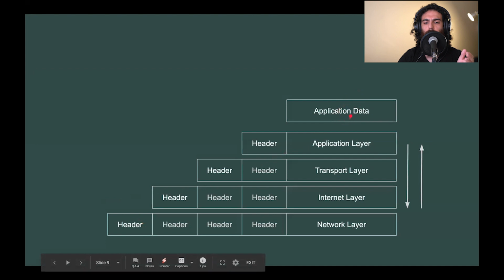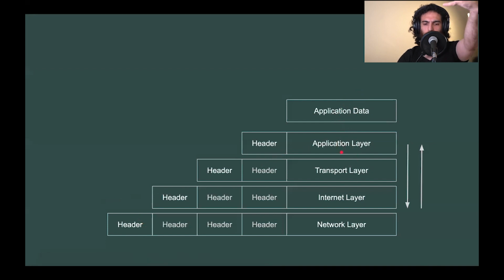As your data makes its way down the layers of the TCP model, more headers will be attached. So this header will describe what is contained in your HTTP request. And then the header in the subsequent layer is going to say how this entire package, including the header for your HTTP, should be packaged and distributed.